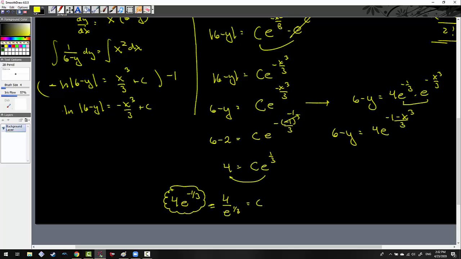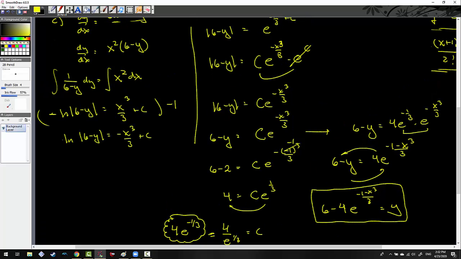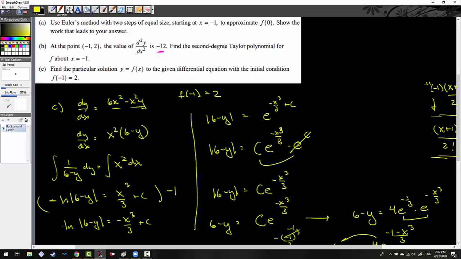And then I'll flip-flop my stuff. So I get 6 minus 4e to the (negative 1 minus x cubed) over 3 equaling y. And there I go. That is how you do this problem. As always, please leave comments and questions in the comments area, and we will see you back for the next episode.